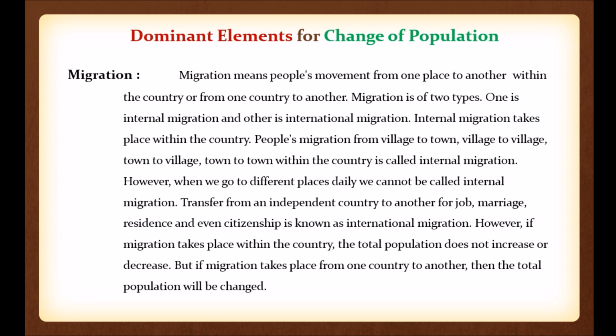But if migration takes place from one country to another, then the total population will change. Like if you are going to the USA for your permanent residence, then the population of Bangladesh will decrease. On the other hand, the population of the USA will increase. Right?